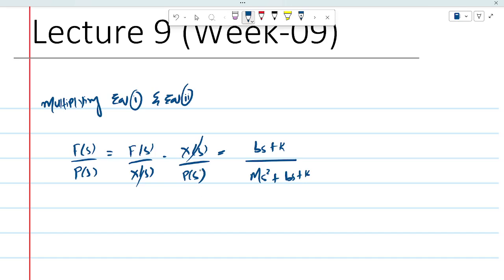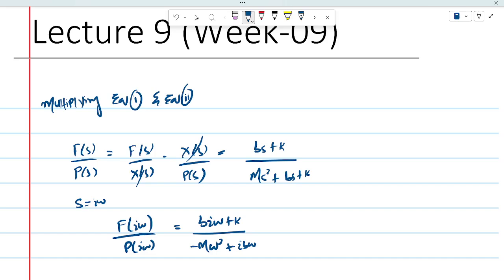And since we are interested in the sinusoidal transfer function, only the steady-state response of a system, we can say s equals iota omega. So it will be f of iota omega divided by p of iota omega. That becomes b iota omega plus k, over minus m omega square plus iota b omega plus k.